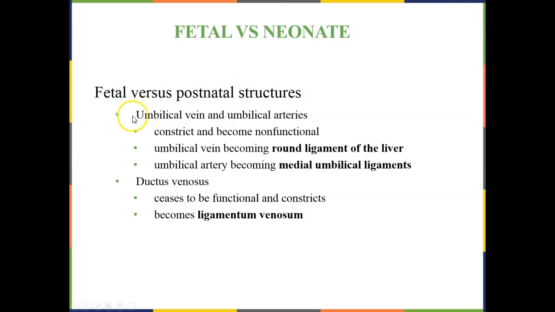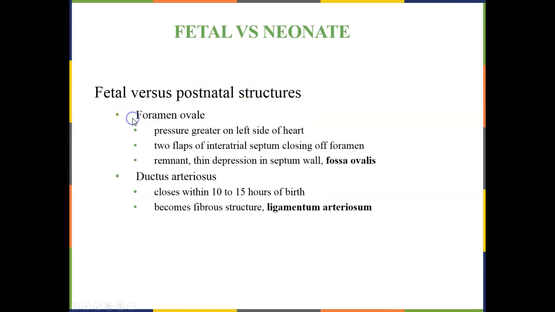So they all basically become ligaments. The foramen ovale I mentioned is going to close up and it becomes a remnant called the fossa ovalis, which is a small depression in the interatrial septum. And then the ductus arteriosus becomes the ligamentum arteriosum. This closes up just a few hours after birth.